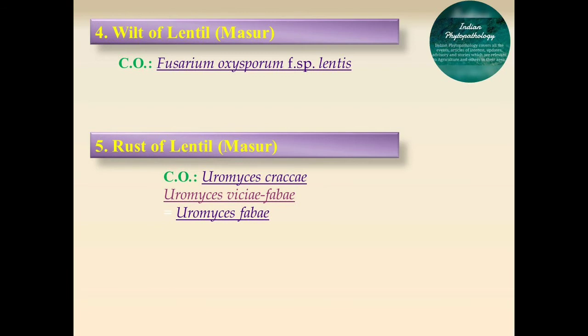So we will move on to the next disease, that is rust of lentil. Rust of lentil is caused by Uromyces fabae or Uromyces viciae. These are the causal organisms responsible for rust of lentil. The first symptom of this rust of lentil can be seen on leaves.